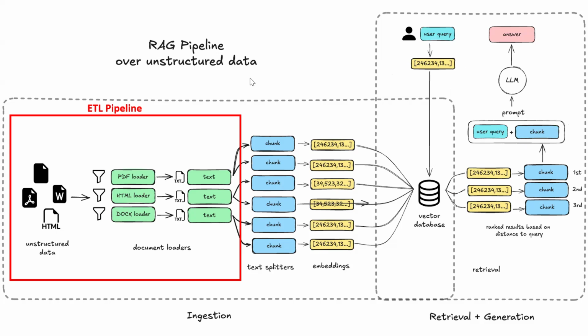Earlier, if we remove this entire pipeline and I directly ask this question, this LLM will not be able to answer because it does not have any knowledge about maybe Ramayana or maybe my company's policy about leaves. So this is the RAG pipeline which we discussed in the last lecture. In this chapter, which is on advanced RAG, we need to deal more with this ETL pipeline, how to extract the text out of it.